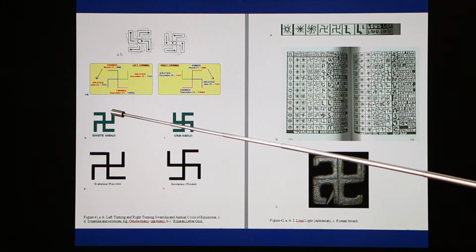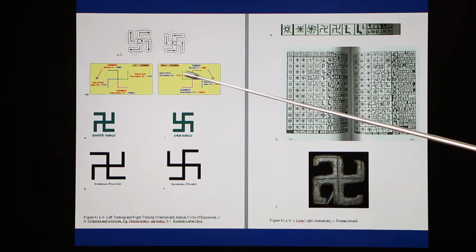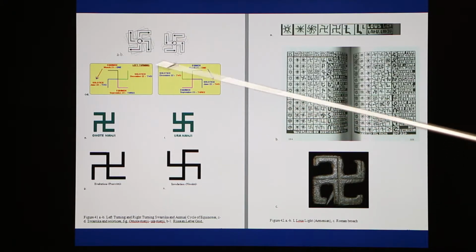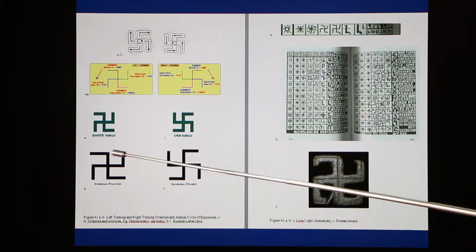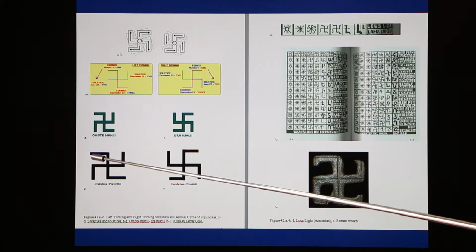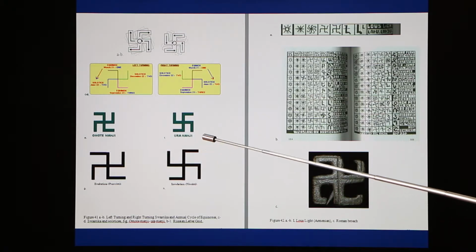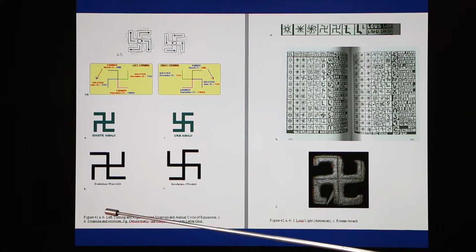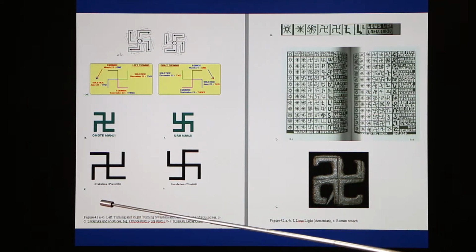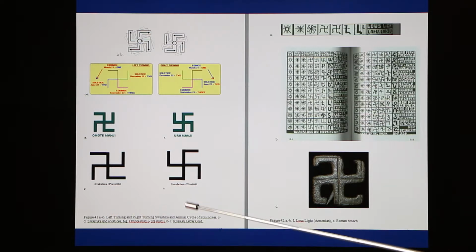Or I get this as the left turning, this as the right turning, linking to the equinoxes. Or I get this as the Omoto Manji and the Ura Manji. I'm in China, in Japan now. Or here as evolution and involution as Pavriti and Nivriti. And I'm back in India.